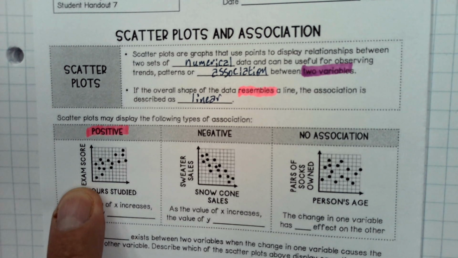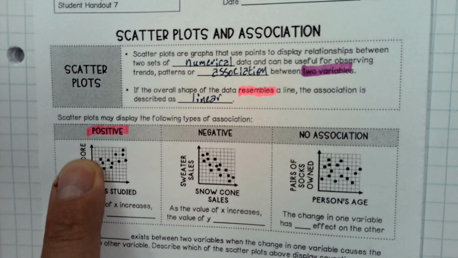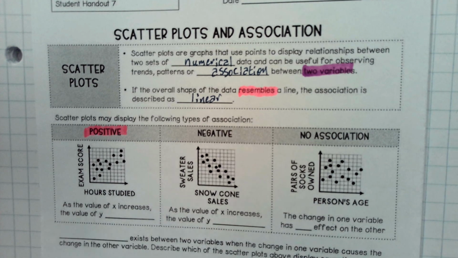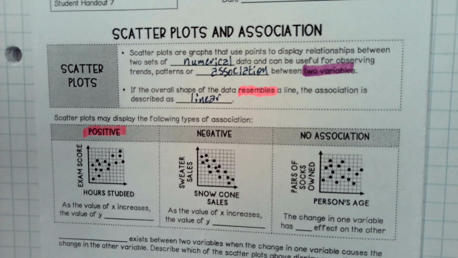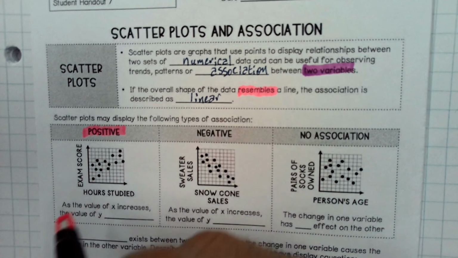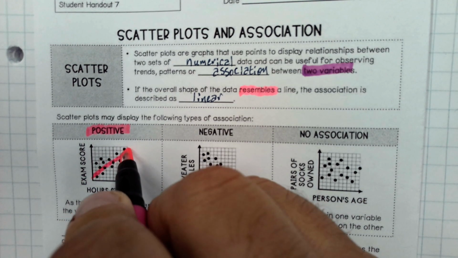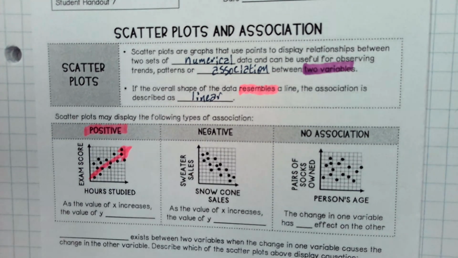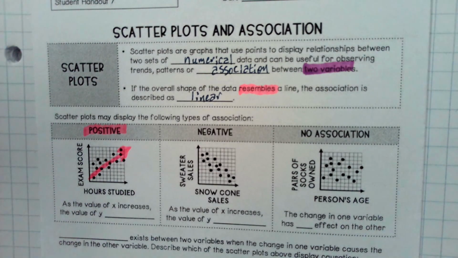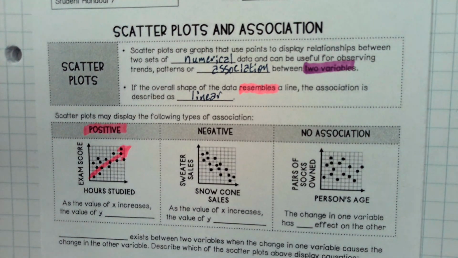In general, what happens to the points as we go along the y-axis, going up? And in general, would you agree that it tends to go upwards? It's increasing. So as the value of x increases, the value of y increases.